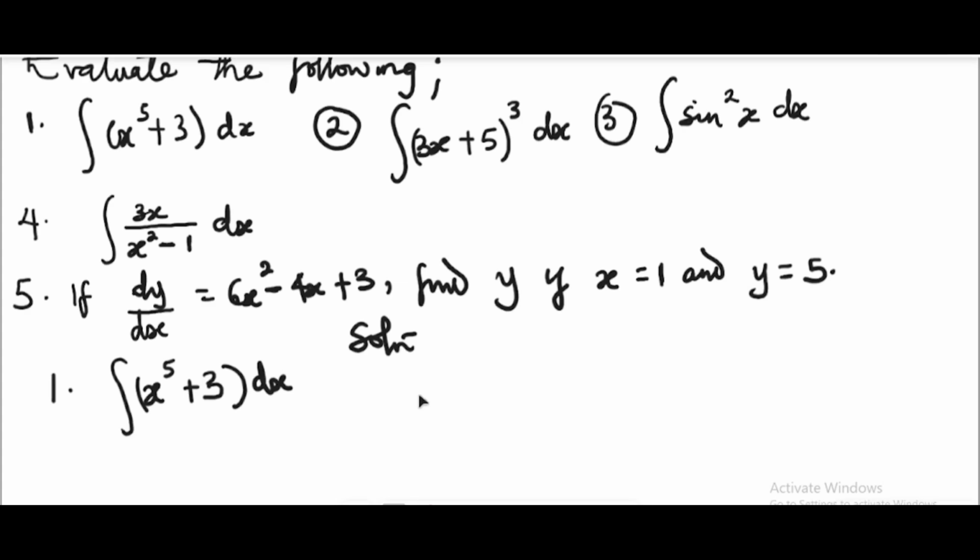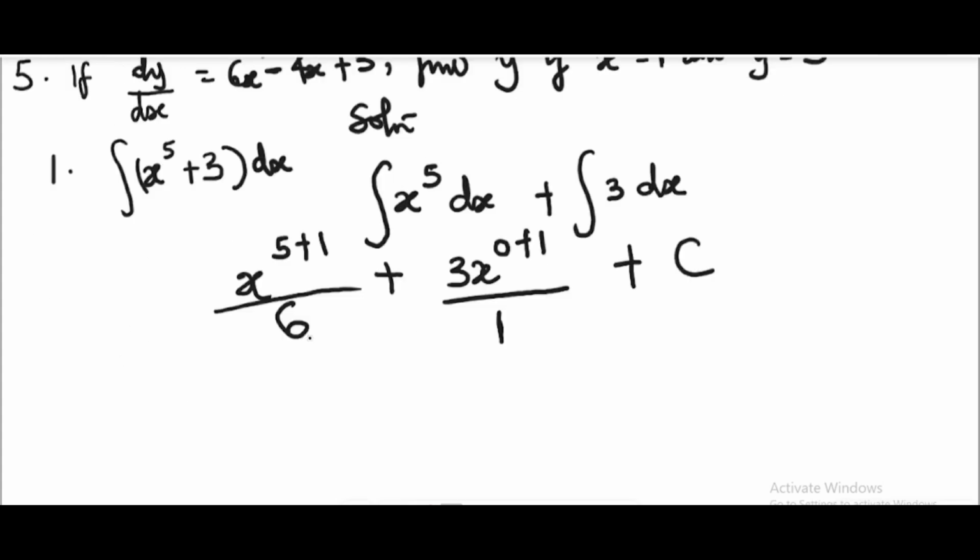What we'll do is that we will add 1 to this power of 0. So when we add 1 to this power of 0, we have a new power, 0 plus 1, which is 1. So we divide by it. Then do not forget to add your constant c or k. So we'll have x raised to the power of 6 over 6.